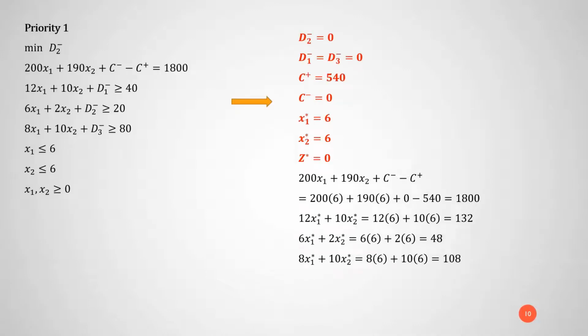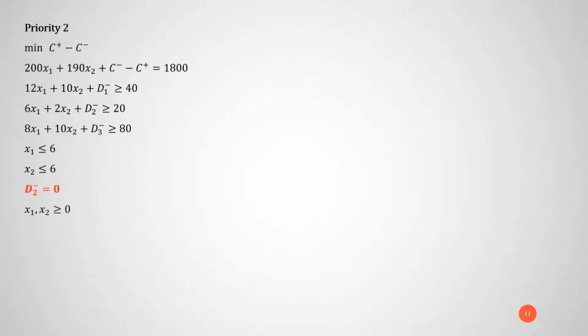After I'm done with this priority, what I am going to do is fix the value of D minus 2 in the next priority's constraint set. I will treat it as a hard constraint. And the second priority was about minimizing the cost.